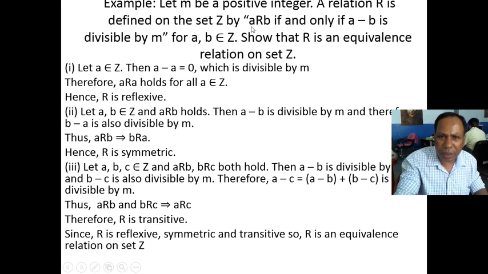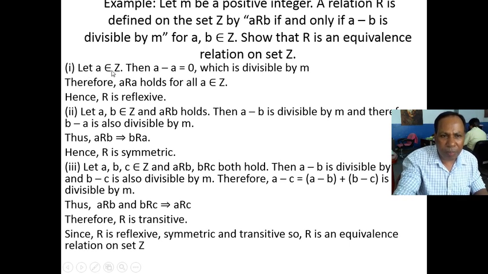To prove it, first of all we have to prove reflexive property, then symmetric property, then transitive property. If all the three properties are satisfied for this relation, then it will be an equivalence relation.